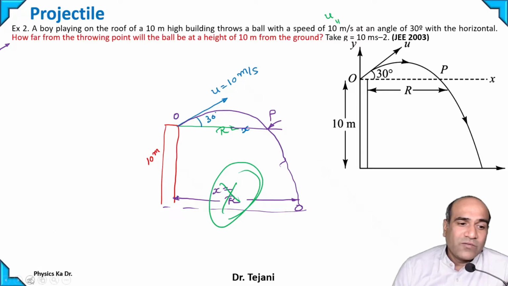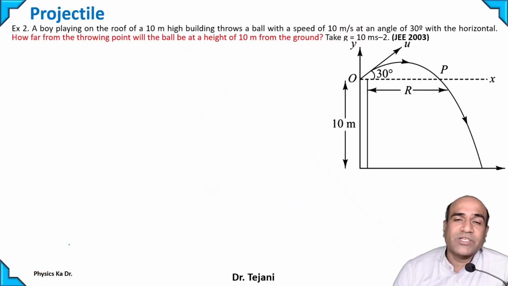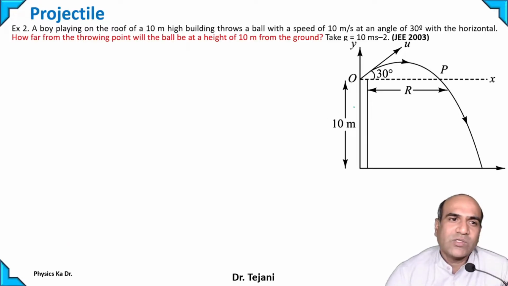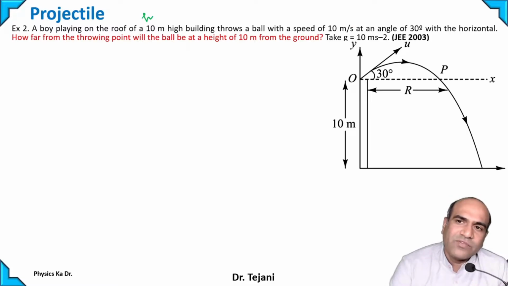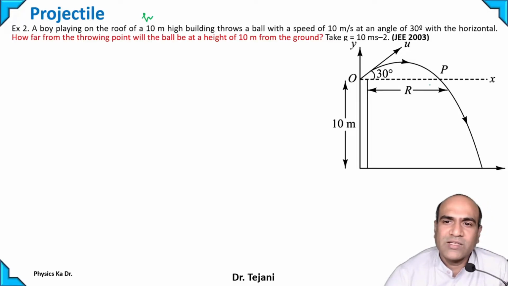So while reading the question, you must take due care. Otherwise, you will end up with a wrong answer. So let's again read the question. A boy playing on the roof of a 10-meter high building throws a ball with a speed of 10 meter per second at an angle of 30 degree with the horizontal. So here the drawing is there. This is our building, at 10-meter height.